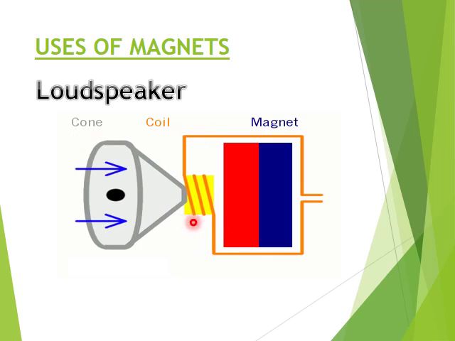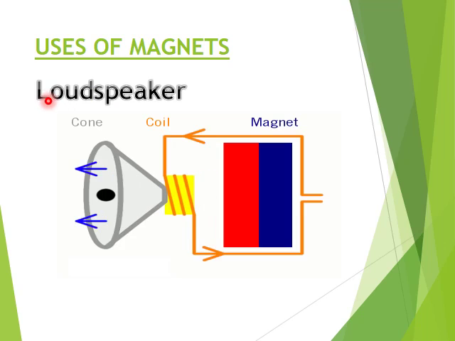At the back of this coil of copper wire there is a large magnet. You can see it in blue and red colors. So this is a magnet, and you can see the use of a magnet in the loudspeaker. A loudspeaker is used to make louder the voice of different machines and voices.